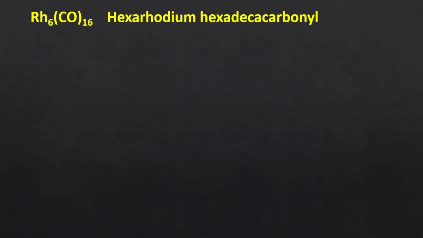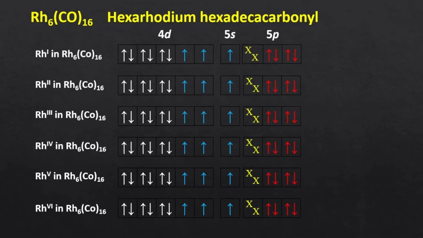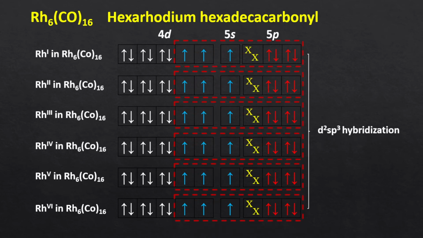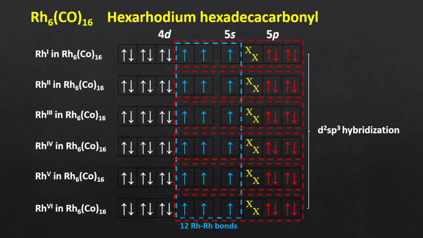In the hexarhodium hexadecacarbonyl complex, there are 6 rhodium atoms, so the number of electrons involved in this 6 metal-metal bond formation will be 12. All the 6 rhodium atoms undergo d2sp3 hybridization and accept 2 pairs of electrons from the 2 carbonyl ligands in their 2 vacant d2sp3 hybrid orbitals. 3 hybrid orbitals with an odd electron of each metal get paired with rhodium-rhodium bond formation.